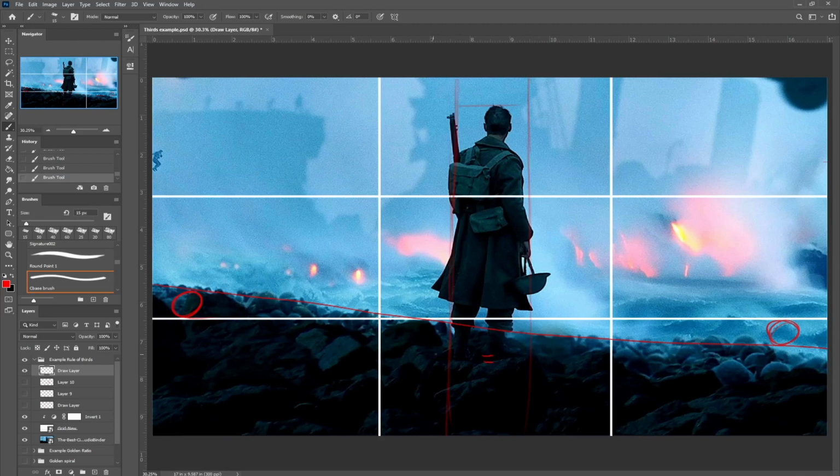You'll also notice that if I draw a top third here and a bottom third here, that's not equal. It's fine. His feet are basically on this bottom third, and his head hits the top third of this top third.